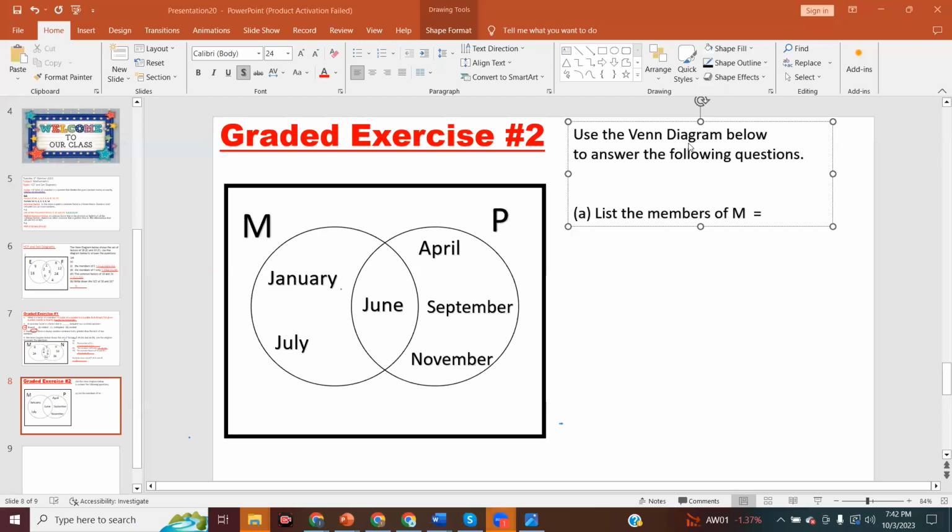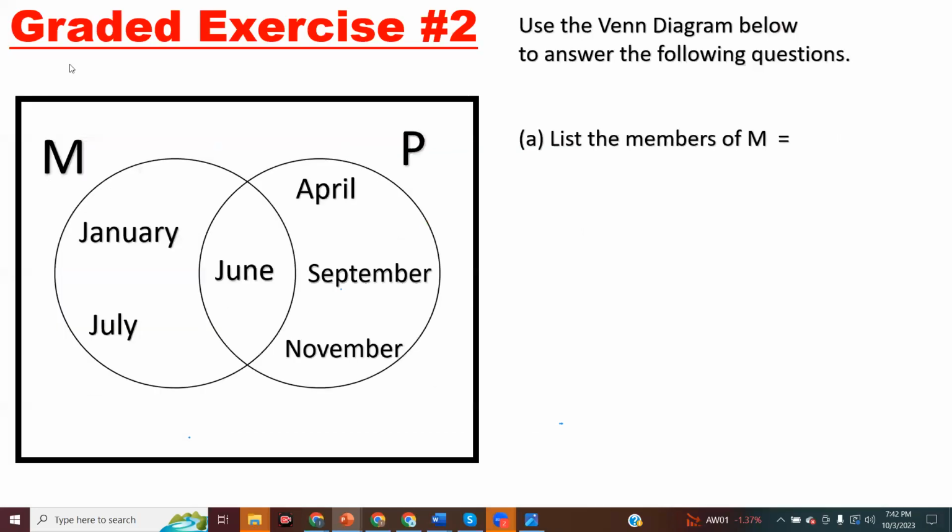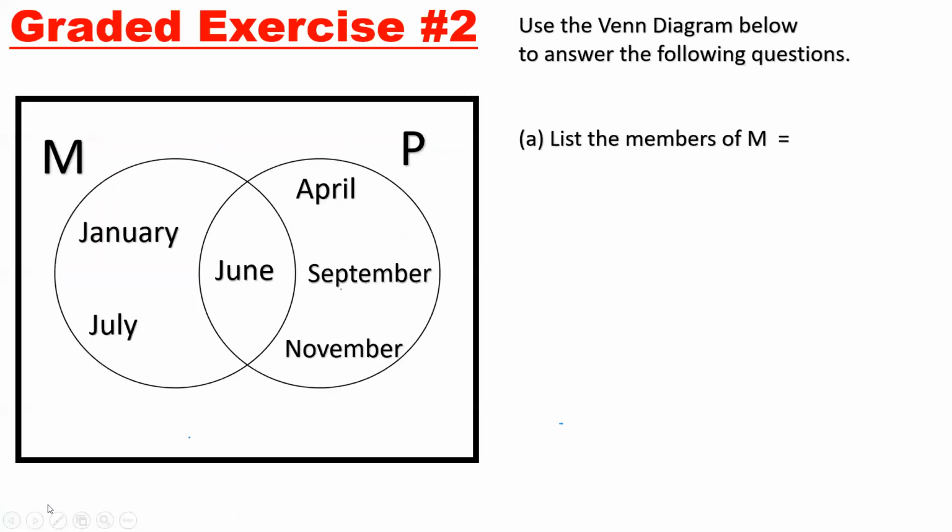Whenever you list the members of a set, what must you put around it? Curly what? Curly brackets. Yes. So why in your answer, Renaya, do you not have curly brackets?